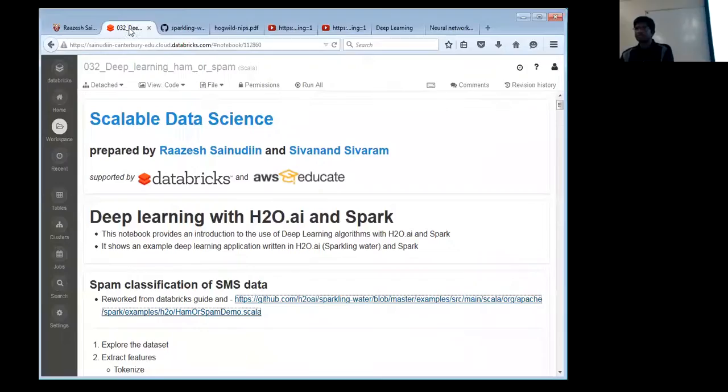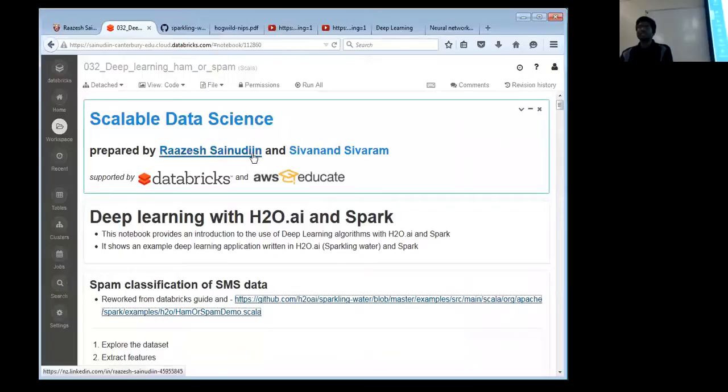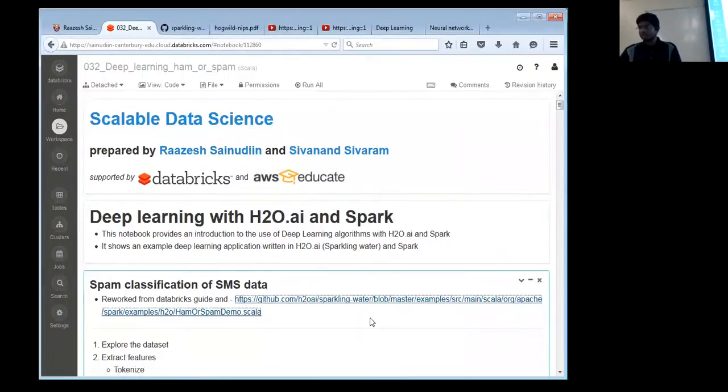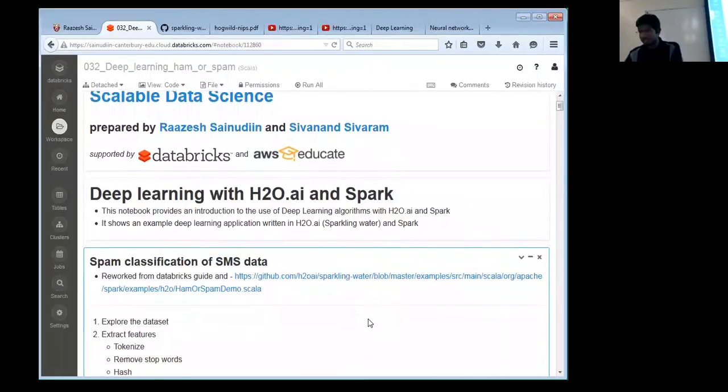I started off using the example in the Databricks guide, but it was meant for an older version of H2O AI, so I had to rework it. This was using the old MLlib library, so I converted it to use the ML library.